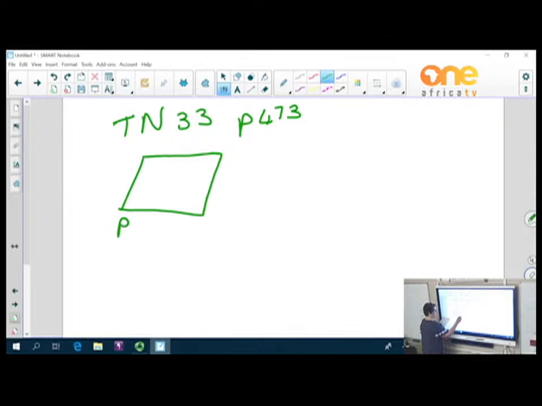So P, Q, R, and S. This one is 7, this one is 10, the angle is 62 degrees, and this is a parallelogram, which means my opposite sides will be equal, and I also can work with my angles here, and I will know that this angle will be 118 degrees because I have those parallel lines, co-interior angles there.